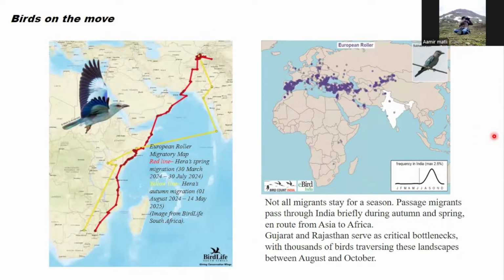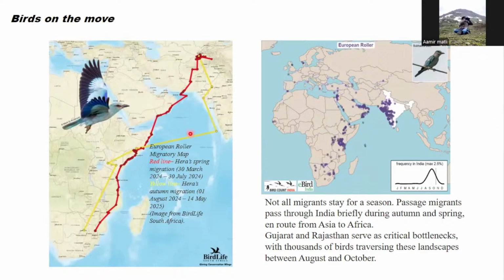To give you a real example, let's look at this European roller named Hera, which was tagged and tracked by BirdLife South Africa. If you can see here, the red line shows the spring migration, and the yellow one shows her autumn migration.